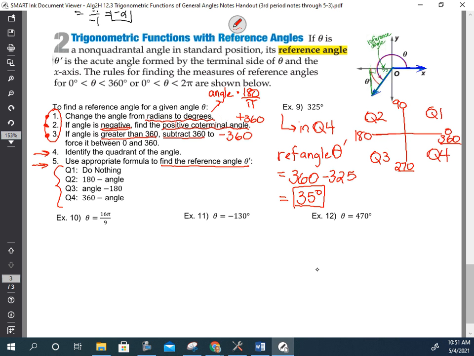Now the key thing for a reference angle: your answer must be acute. So that's less than 90 degrees.